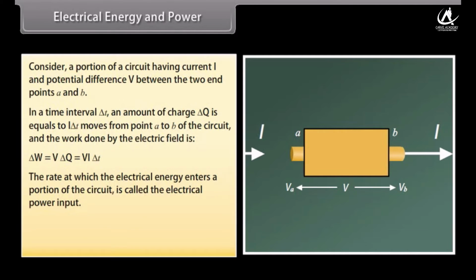The rate at which the electrical energy enters a portion of the circuit is called the electrical power input. P = VI.